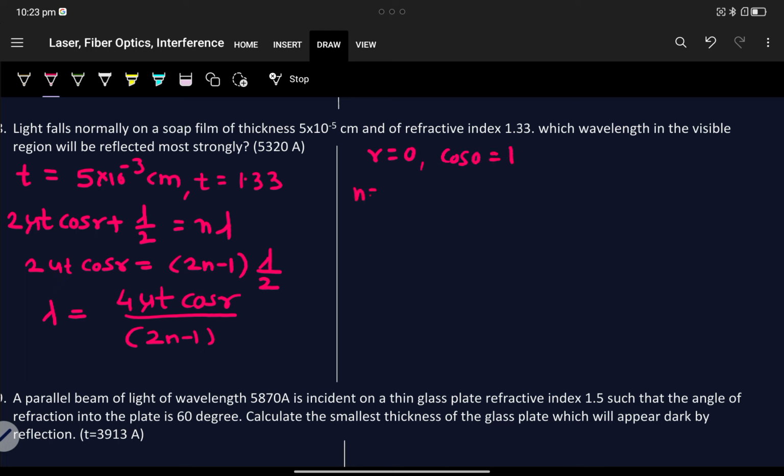So for n equals to 1, lambda 1 will be 4 into 1.33 into thickness 5 into 10 to minus 3 centimeter divided by 1. So the value comes out to be 2660 into 10 to minus 8 centimeter.